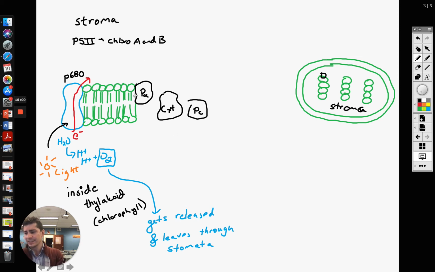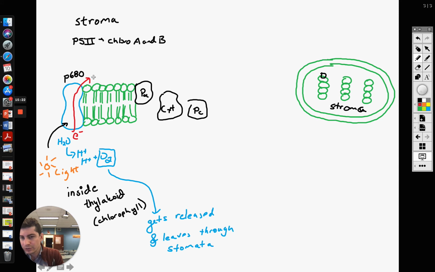PA stands for plastoquinone. We have cytochrome T here. It's like B6F, I think is the name of it. And then last one, PC, it's plastocyanin. All right, it's a copper-containing cytochrome. But anyway, all they're going to do is help to transfer this energy.